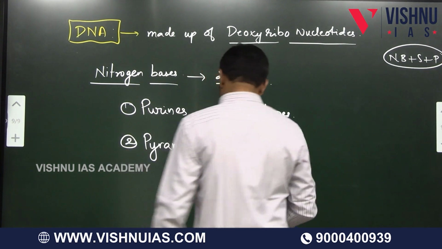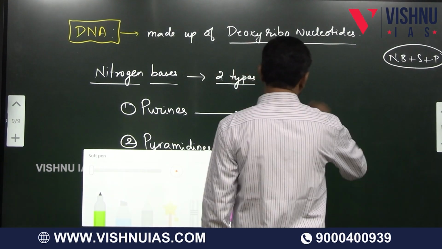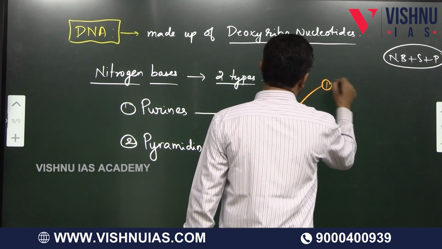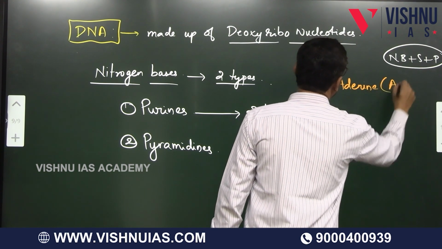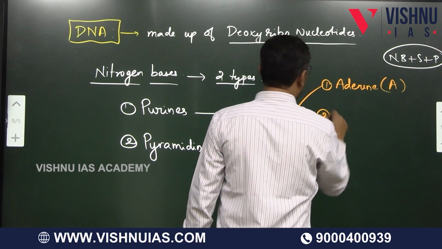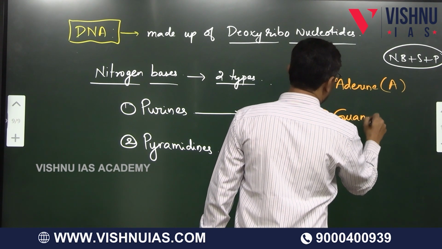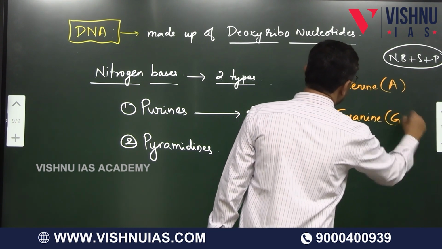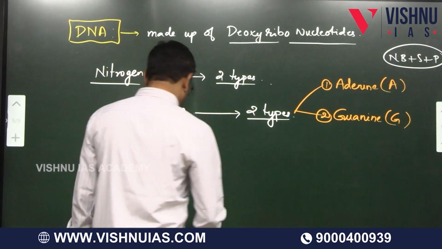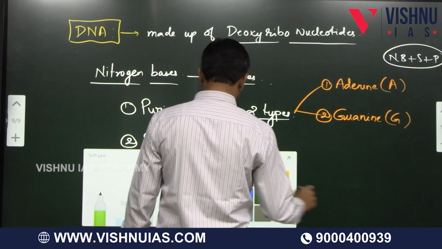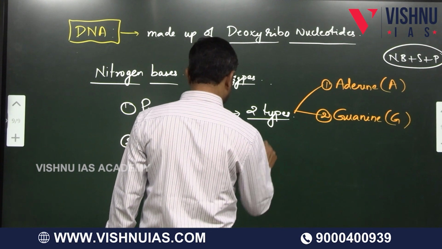Purines are again two types. They are adenine, represented by capital A, and guanine, represented by capital G. The pyrimidines are three types.